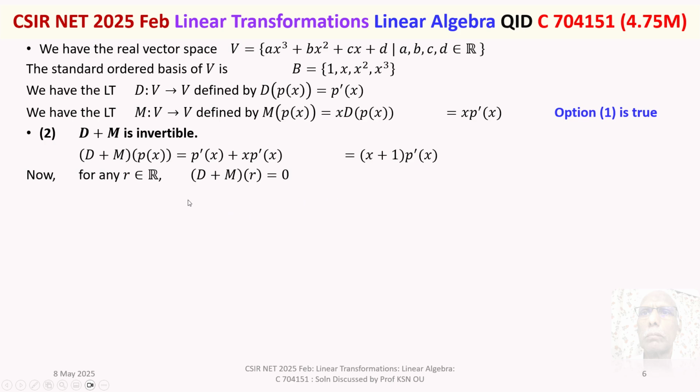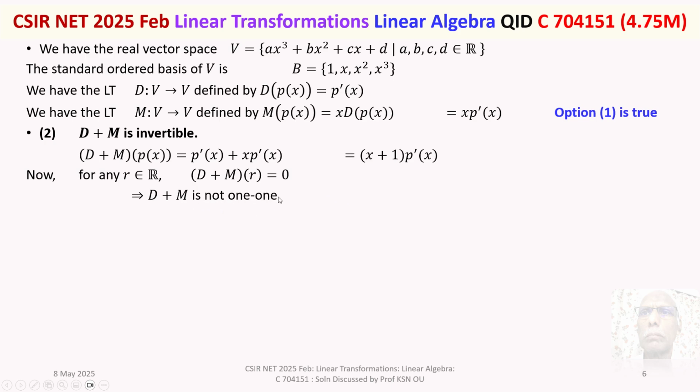So, every r belonging to R is going into 0 under D plus M. So, that means the various elements of R are all going to 0. So, it is many to 1. Therefore, it is not 1 to 1. So, D plus M is not 1 to 1.